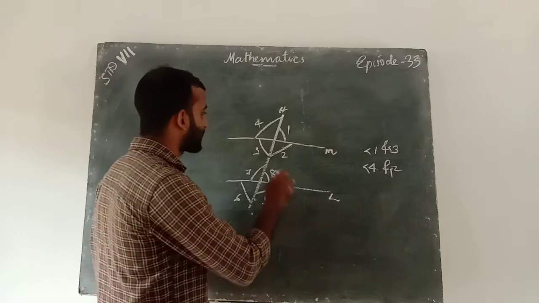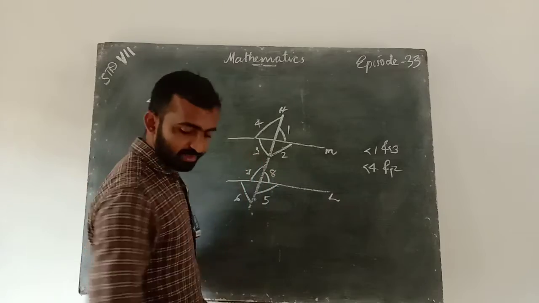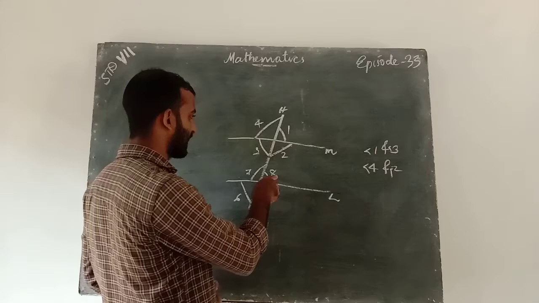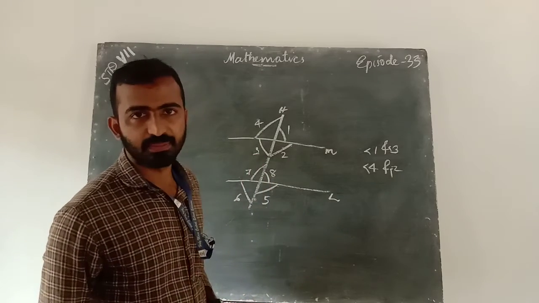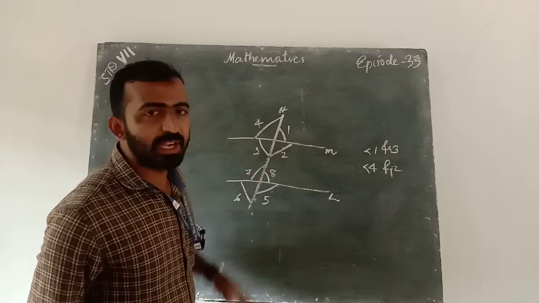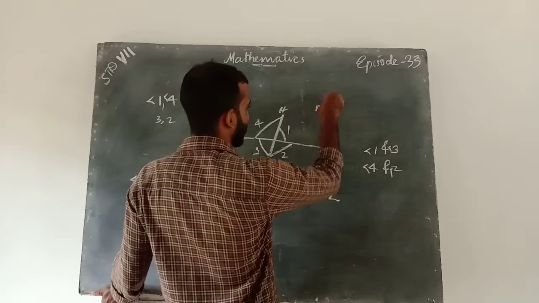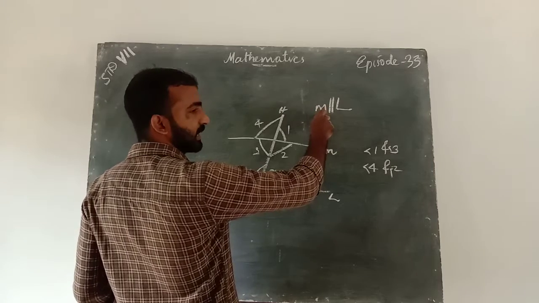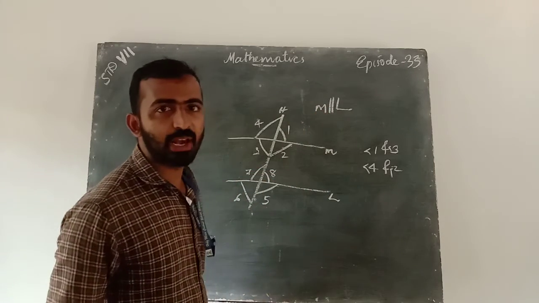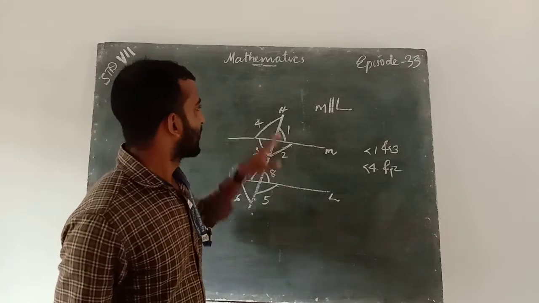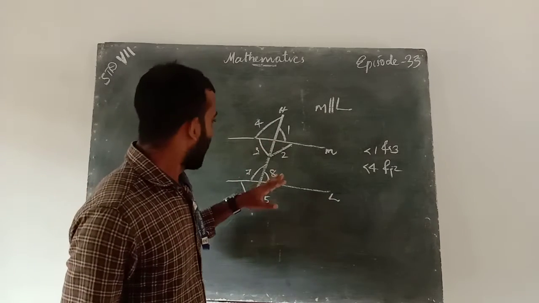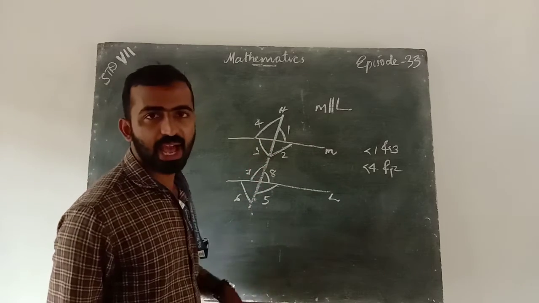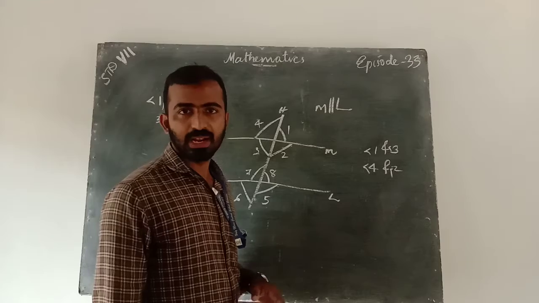Yes. And next is 8 and 3. Here 8 is here and 3 is here. When M and L are parallel lines, M parallel to L, and H is the transversal line, angles 8 and 3 we call alternate angles.